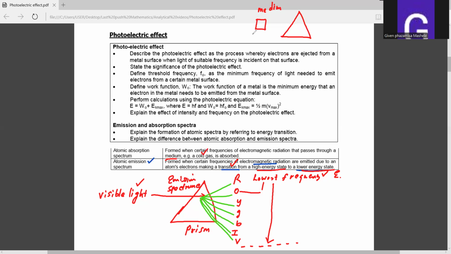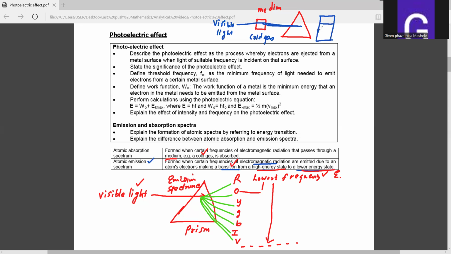When light passes through a cold gas, it's just an example, then with this light, because it's now passing through the medium, it will produce a continuous band of colors, but depending on their bands.